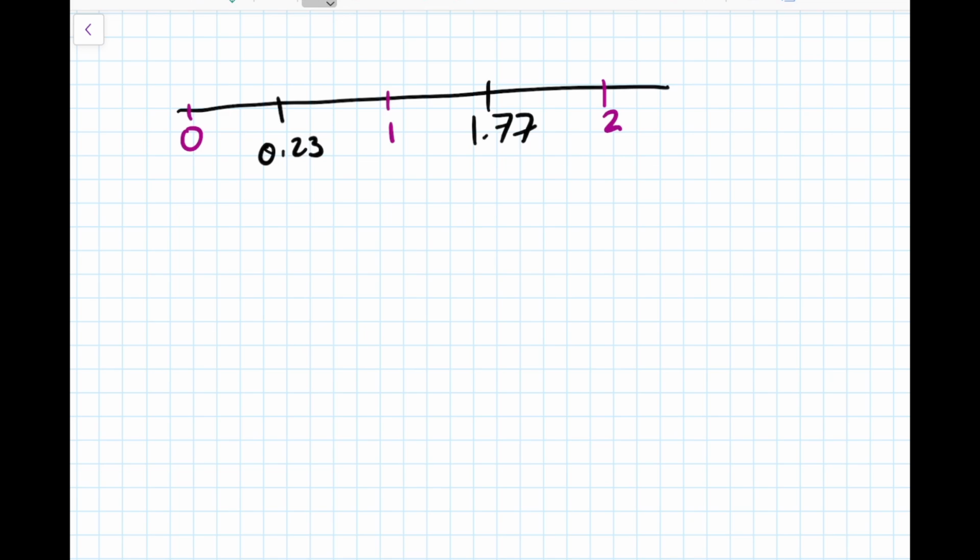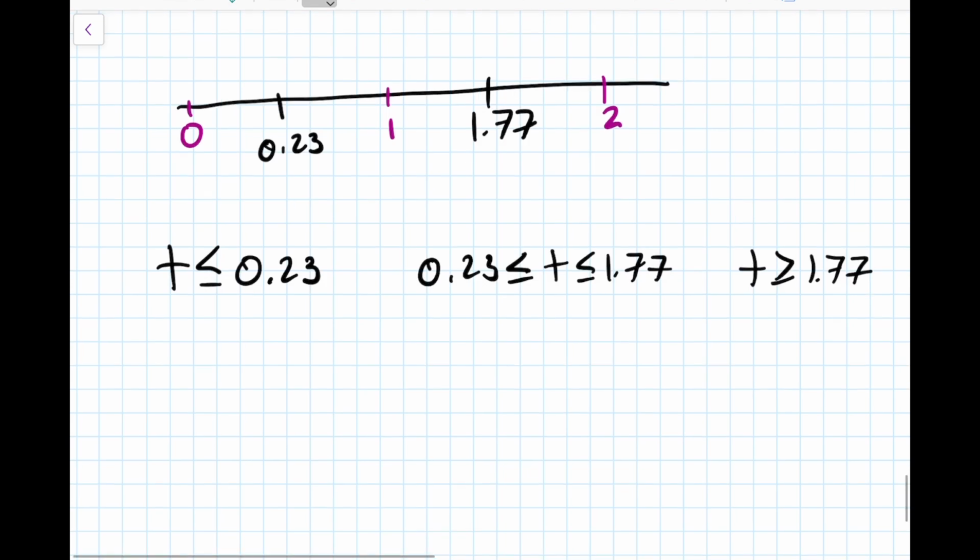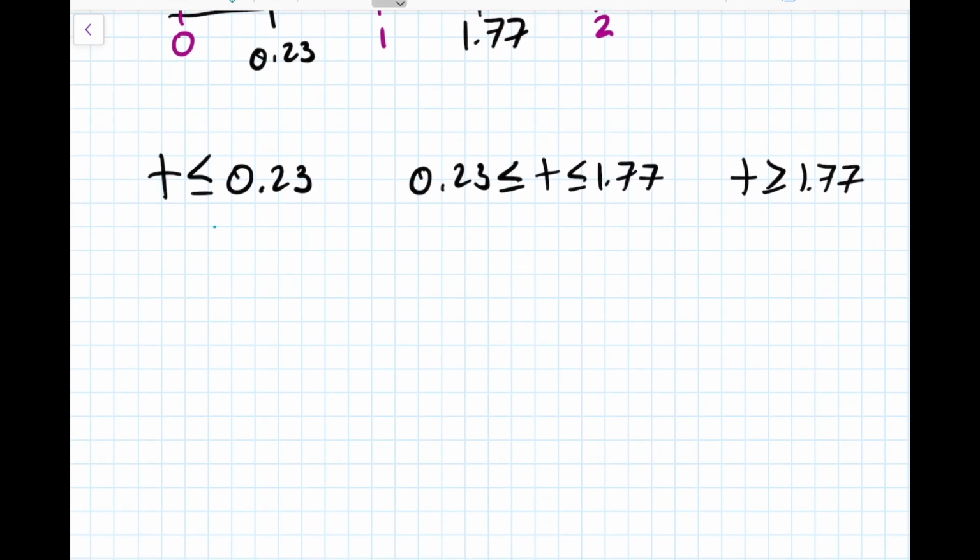So our 3 domains: we've got the t values that are less than or equal to 0.23, the t values in between 0.23 and 1.77, and then everything that's bigger than 1.77. So for the left section, we're going to plug in t equals 0. For the right section, we're going to plug in t equals 2. And in the middle, we're going to plug in t equals 1.